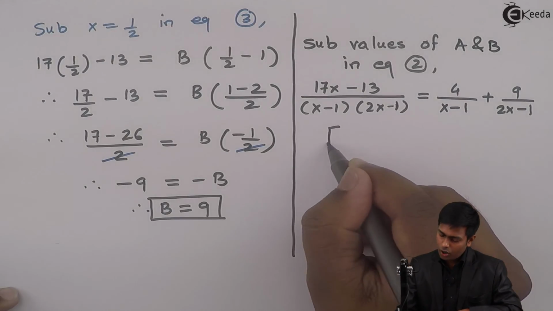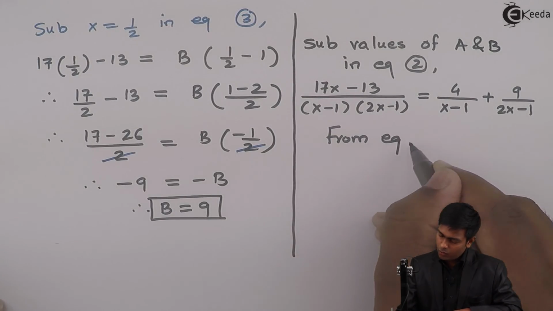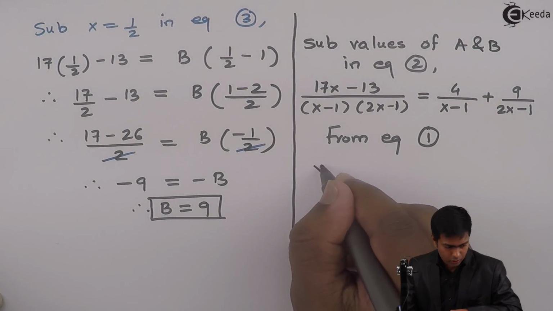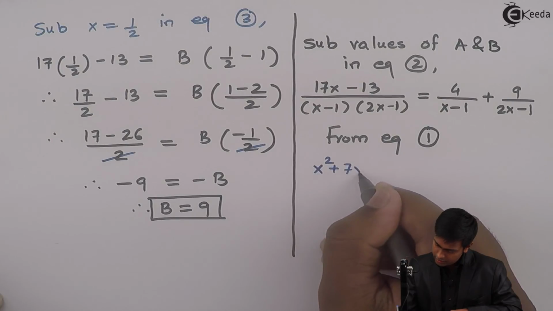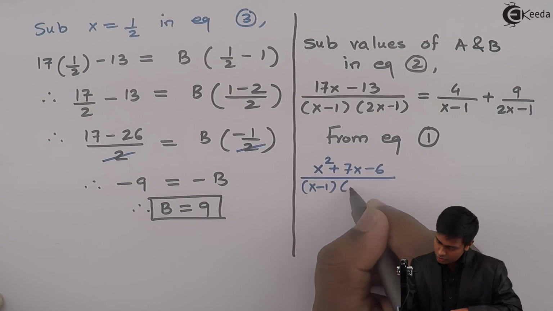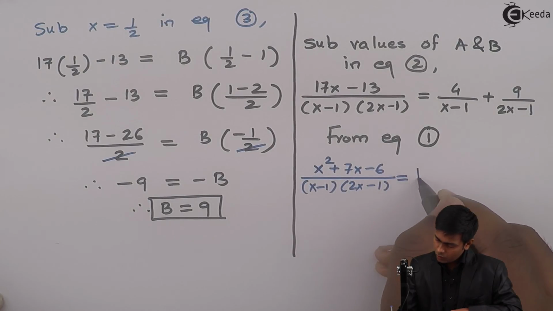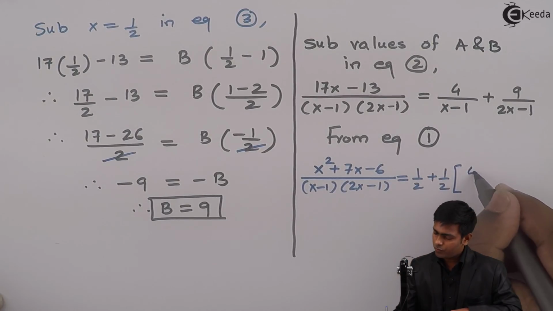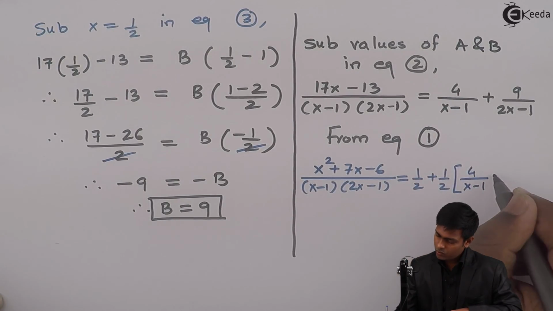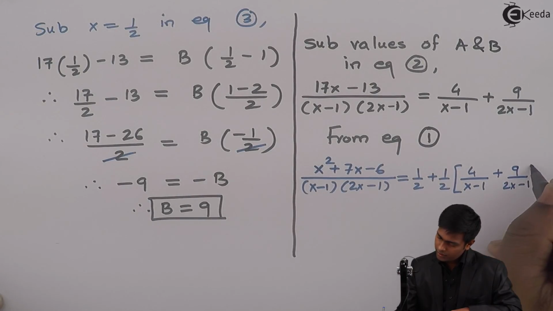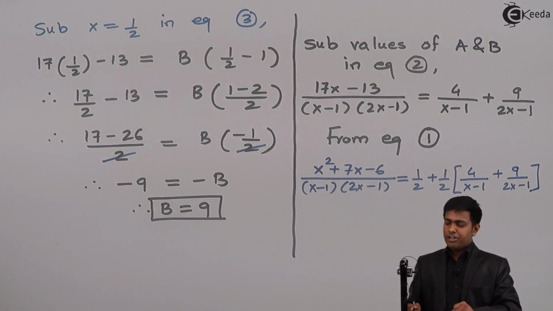So here I will say from equation number 1 we will get x square plus 7x minus 6 upon x minus 1, 2x minus 1 as 1 by 2 plus 1 by 2, and in the bracket we will substitute 4 upon x minus 1 plus 9 upon 2x minus 1, and this is the partial fraction of the given fraction.